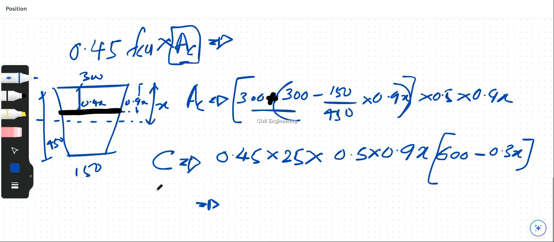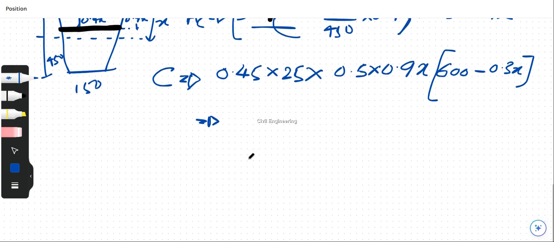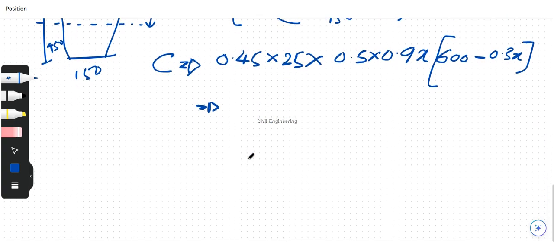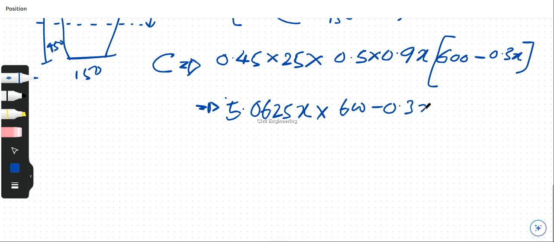We can further solve this equation like this using a calculator: 0.45 into 25 into 0.5 into 0.9 is equal to 5.0625x into 600 minus 0.3x.